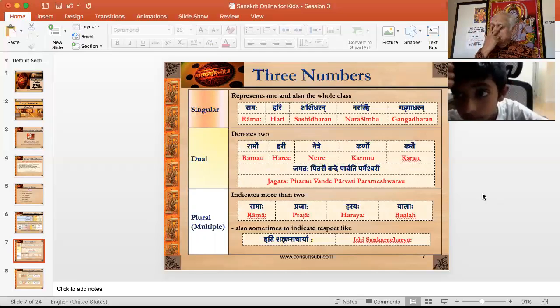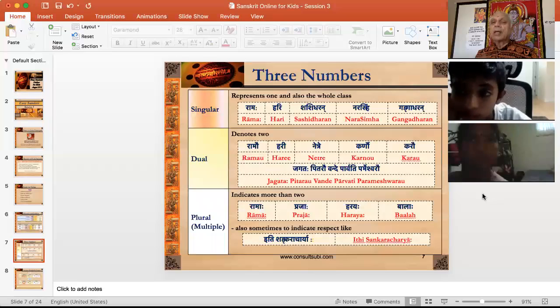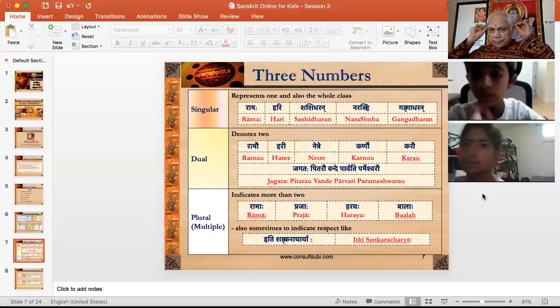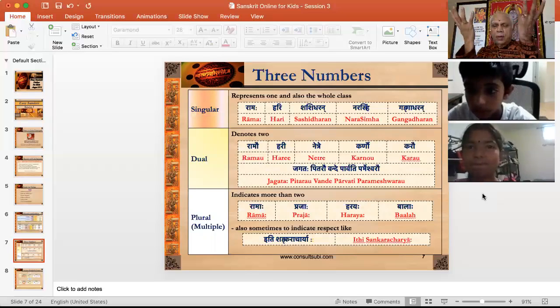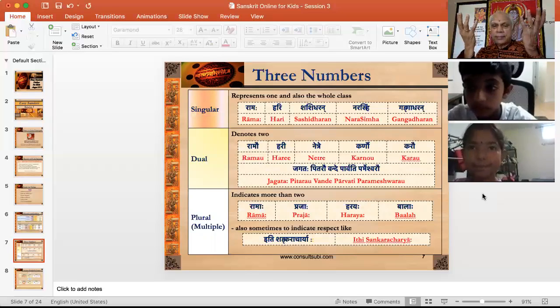Okay, you have 2 eyes. So if you say 2 eyes, then it becomes Netre. You have 2 ears, Karnau. Karau, 2 hands. Prajaha means citizens.